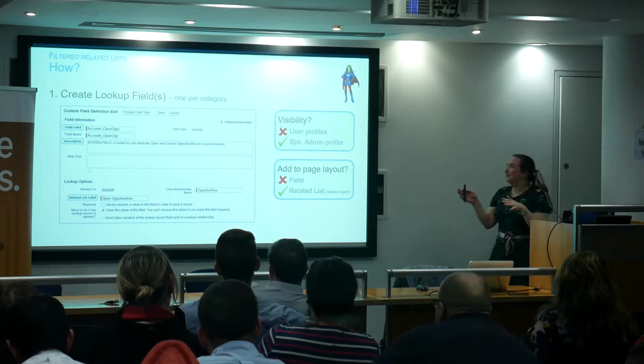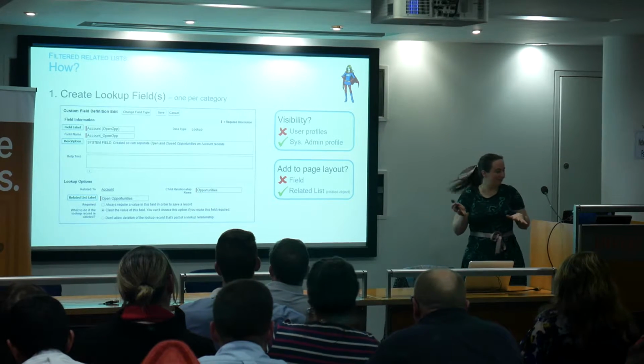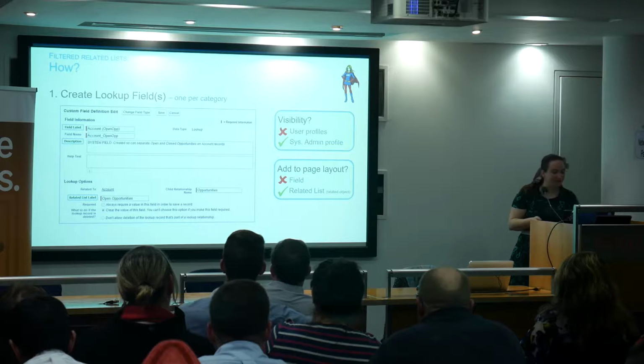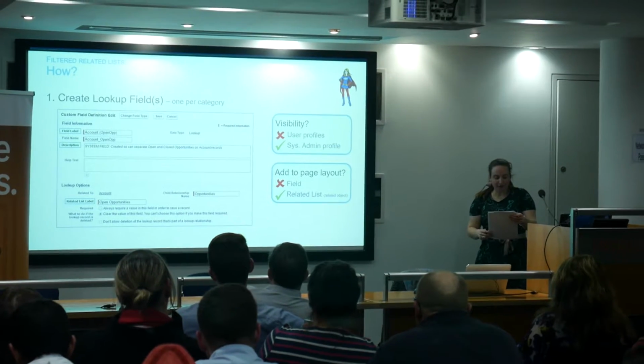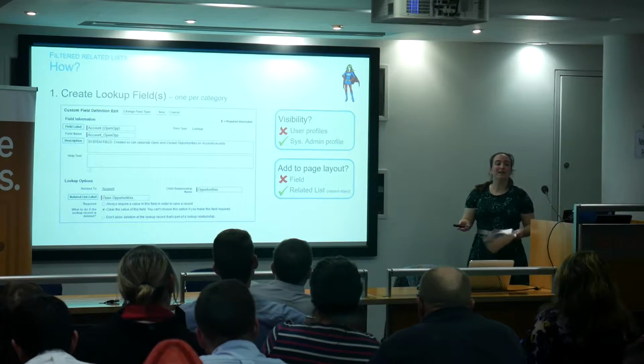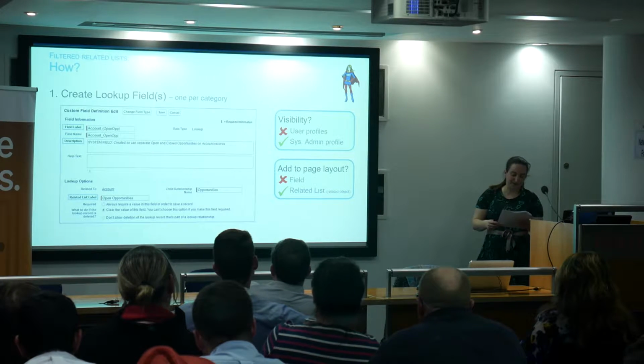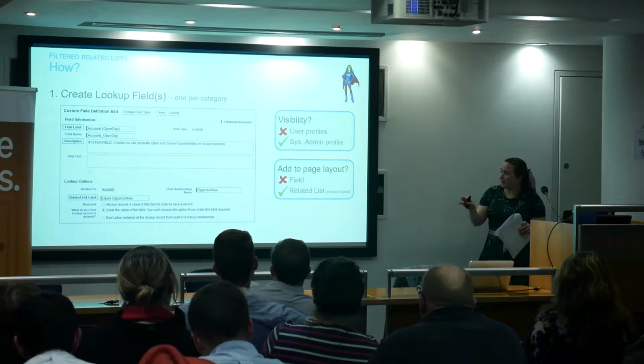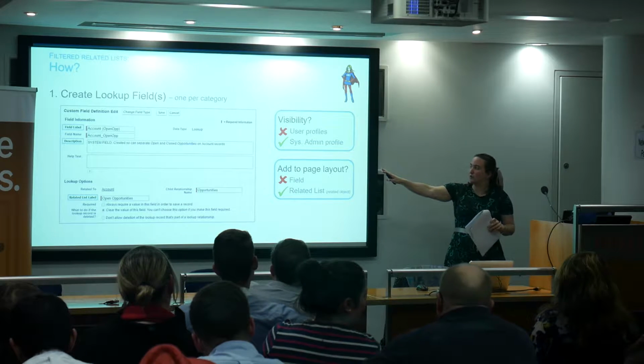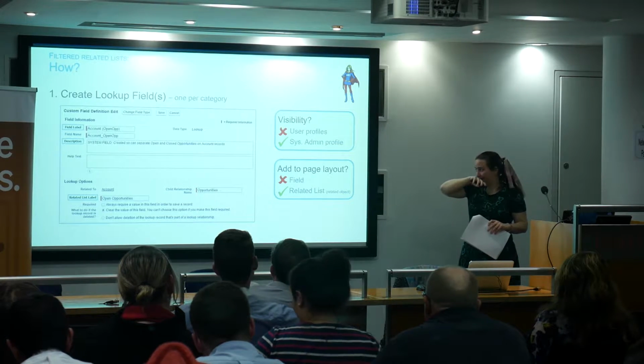So how? We create a lookup field, one per category, so the data we're separating. The example I was trying to give you was separating open and closed opportunities on the account object. Obviously you need to adjust your field labels so they actually show which category you're separating.